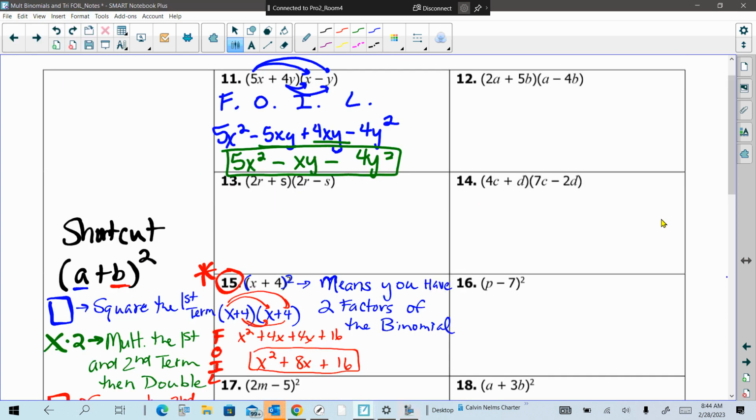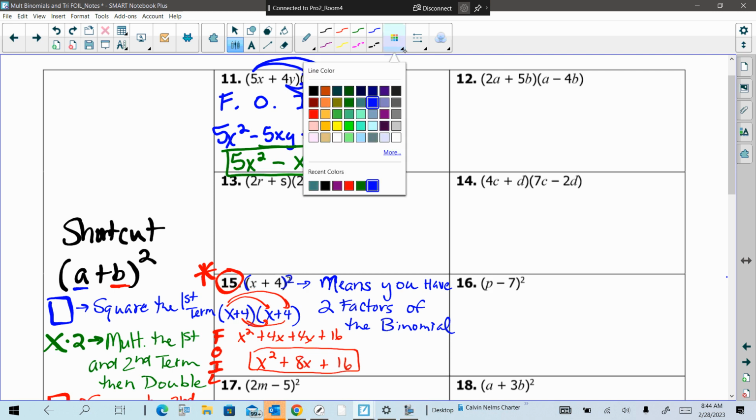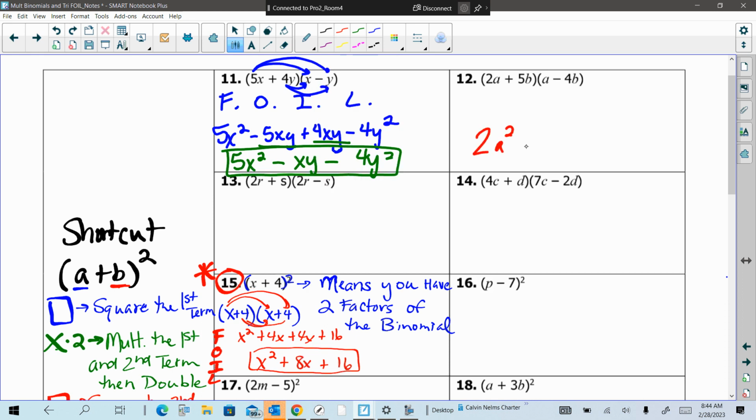All right, so let's check your answers on 11 through 14. You're still using the FOIL method. We should end up with, on 12, 2a squared minus 3ab, then minus 20b squared.